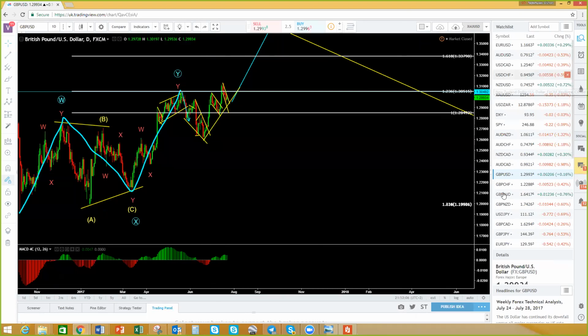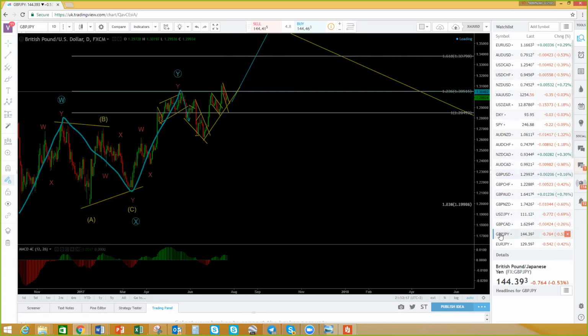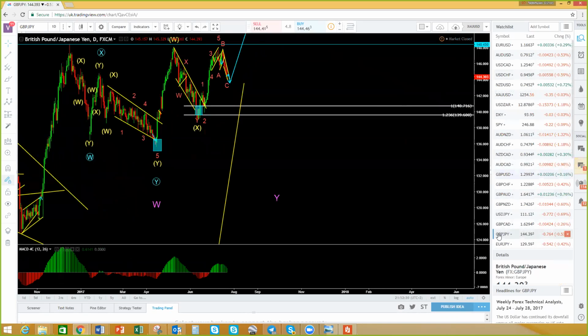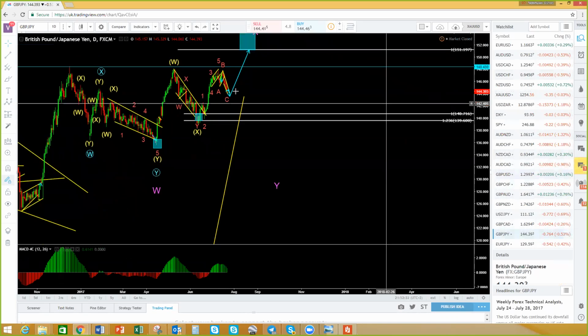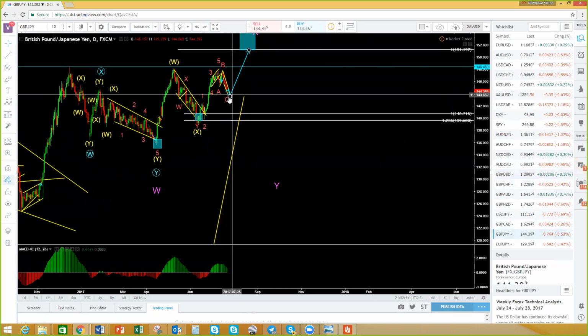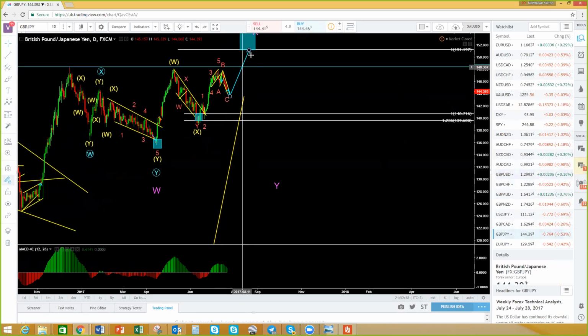And these correlations are very important on these pairs because you could find that a similar pair with the same correlation has already played a move that another pair is still to play. You see, GBP JPY is lagging. Pound US dollar has already broken here.